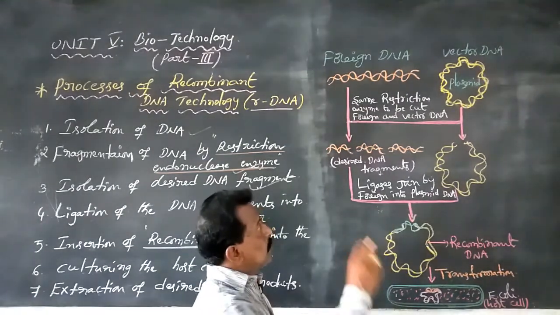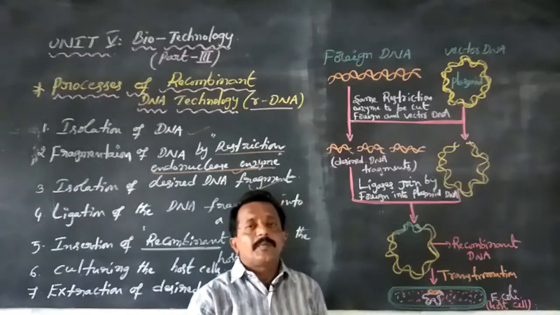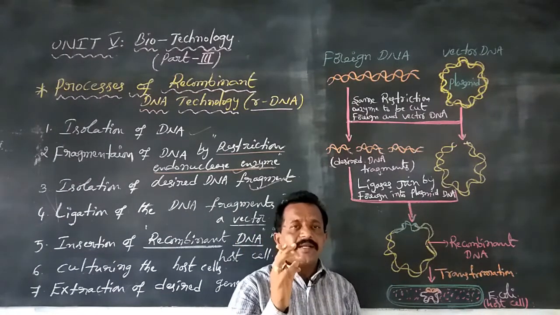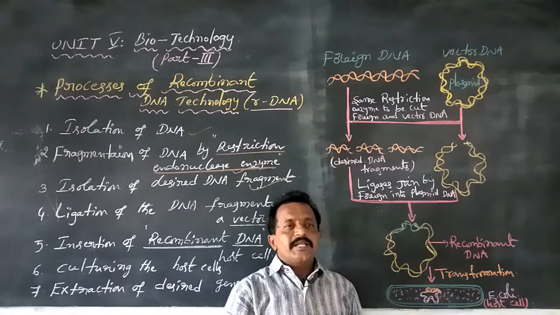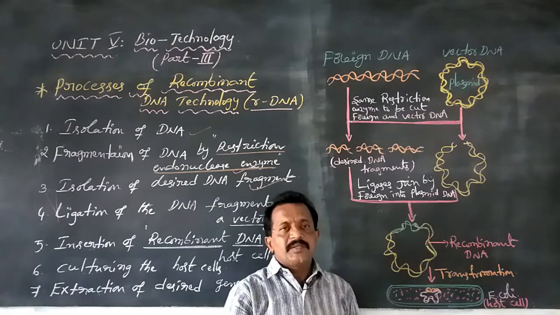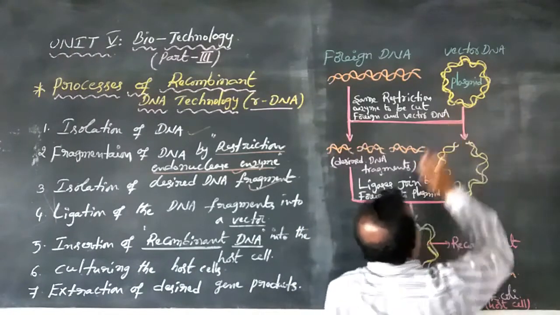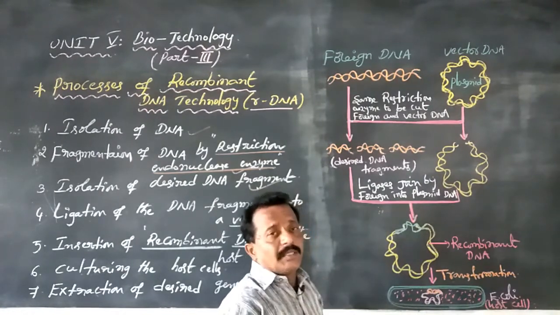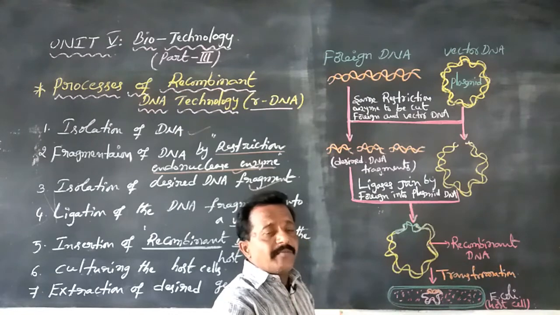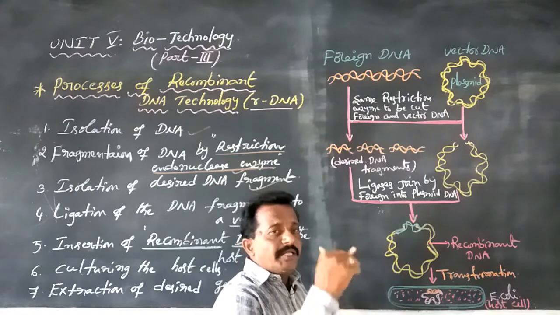Here, the vector used is the plasmid of a bacterial cell. This bacterial plasmid is easily removed by applying lysozyme enzyme. The lysozyme enzyme breaks down, that is digests, the bacterial cell wall, and then the plasmid is easily removed.